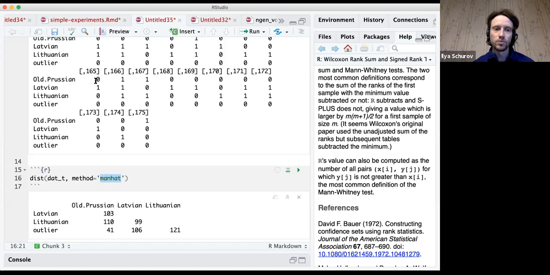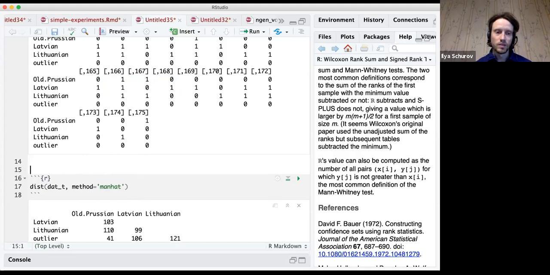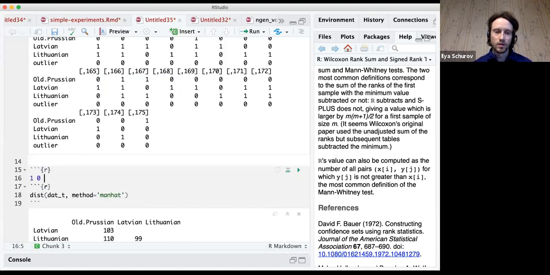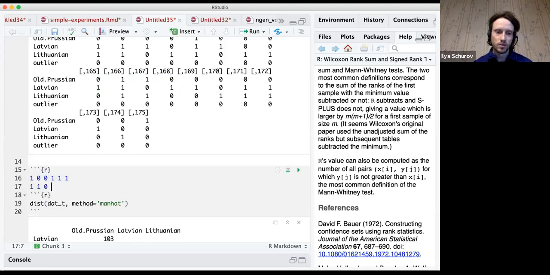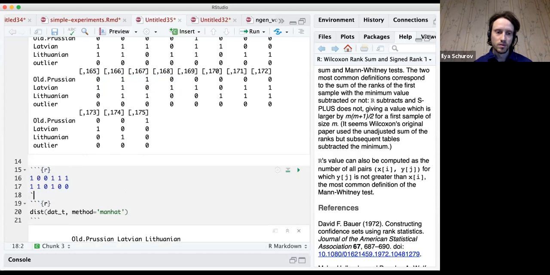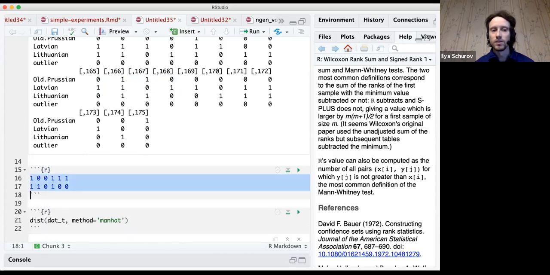So if you have two rows that consist of zeros and ones, how can you characterize what the Manhattan distance between these rows is? How can you describe it? For example, what is the Manhattan distance between these rows? What is the Manhattan distance between these rows?